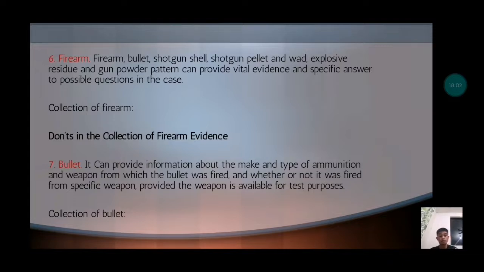Marking firearms is very important since duplicate serial numbers are sometimes found on different guns of the same make and general type, so do not confuse model numbers or patent numbers with serial numbers.